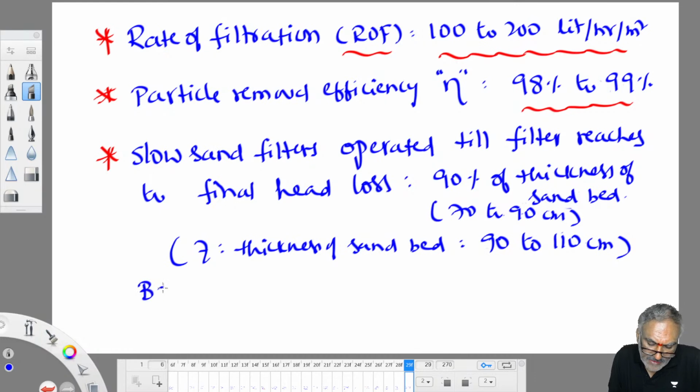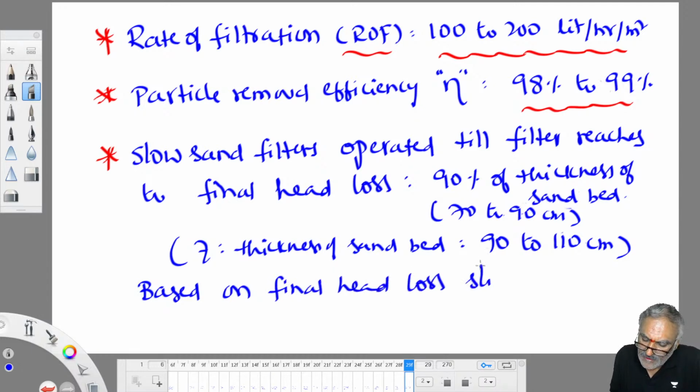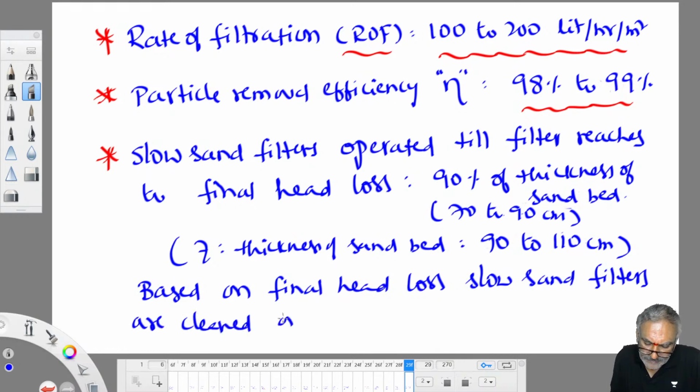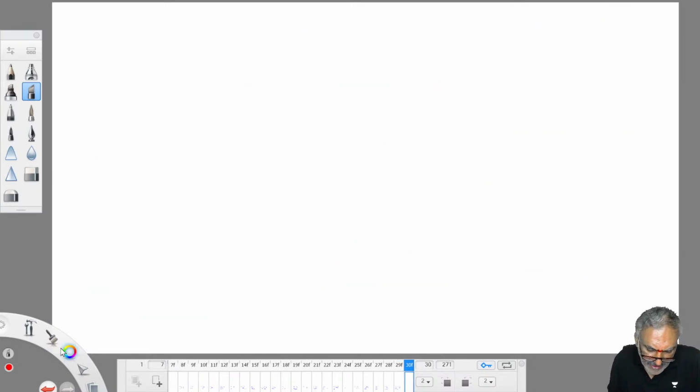Based on final head loss, slow sand filters are cleaned or washed. Cleaning is done by scraping.